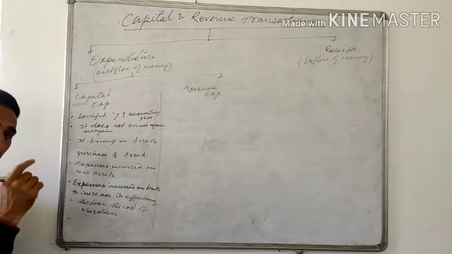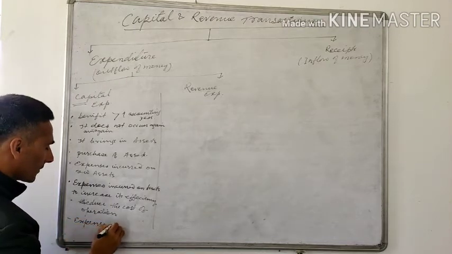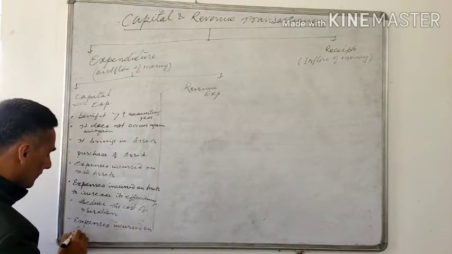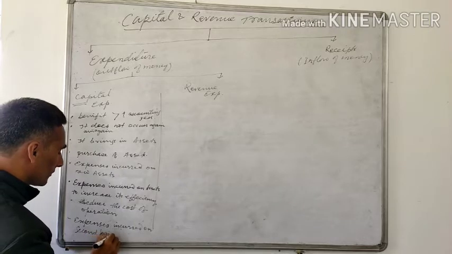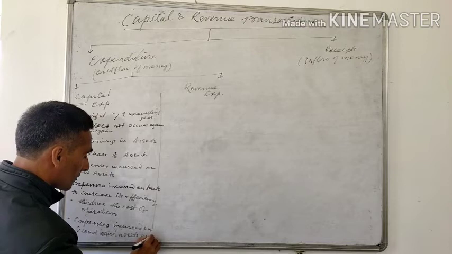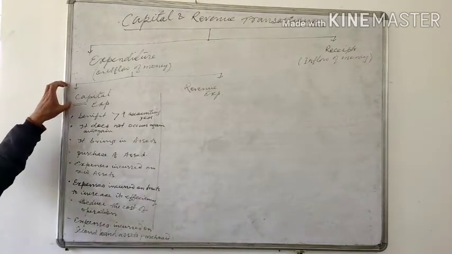Another thing that you have to keep in your mind, expenses incurred on second-hand assets purchased will also be termed as capital expenditure.